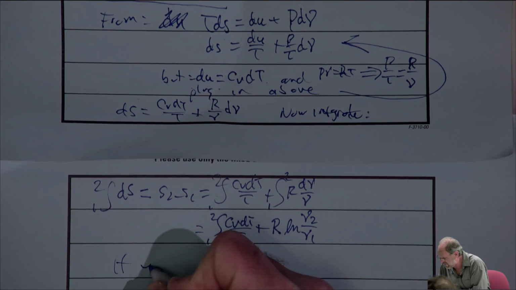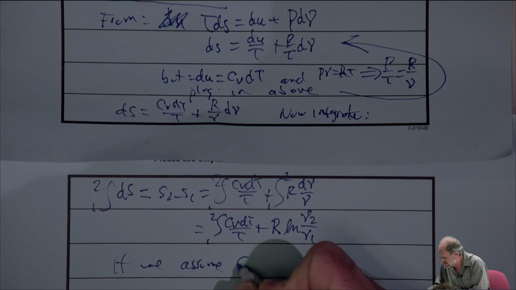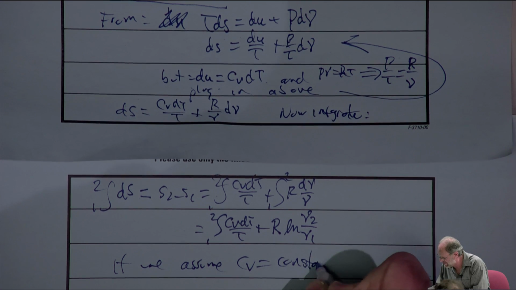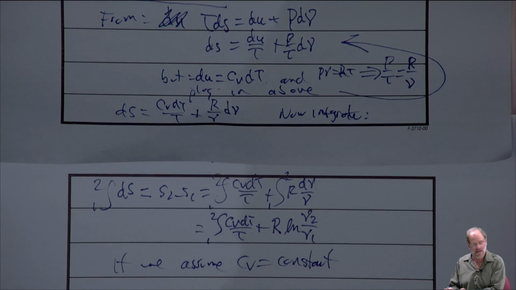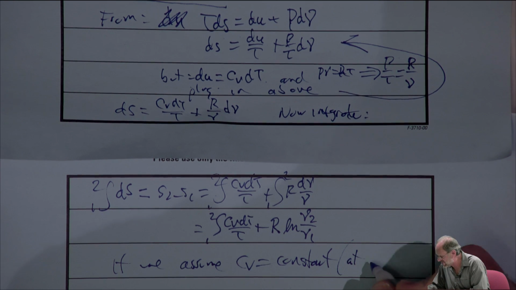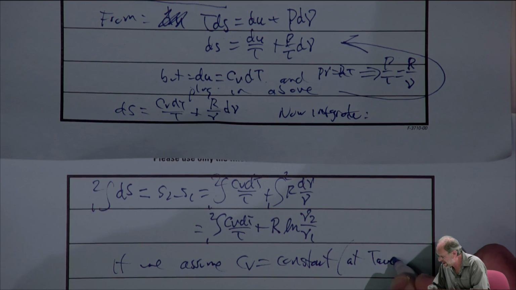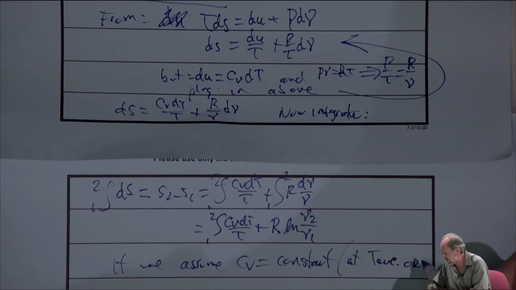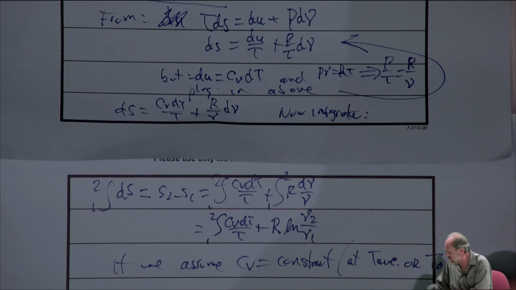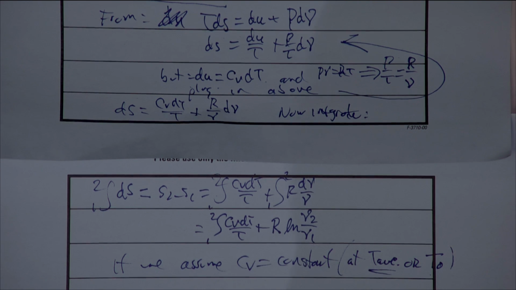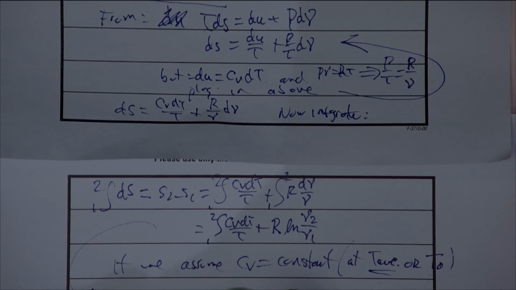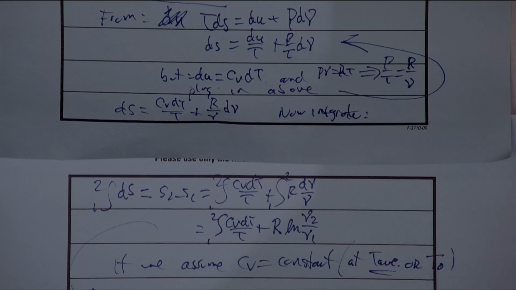So if we assume CV is equal to a constant, and again, it would be preferred to take this at the average temperature, or, of course, if we don't have the average temperature, then we take it at room temperature. Remember, T0 stands for room temperature. Certainly, T average is best. Anyway, if we assume CV is a constant, then it comes out of the integral, and the integral dt over t is the same as the integral dv over v, right?